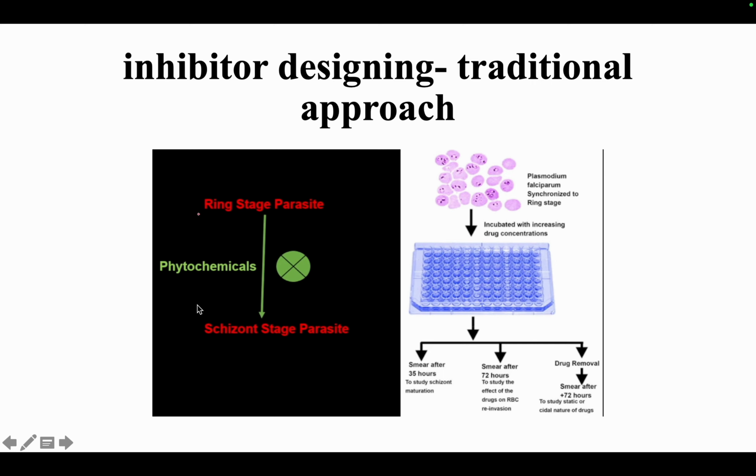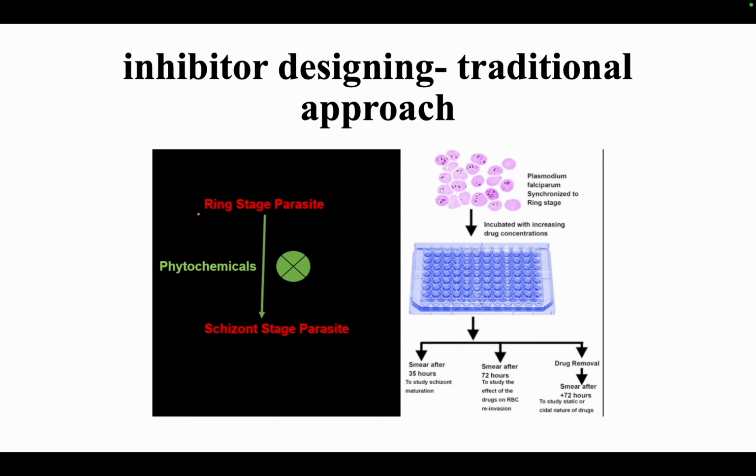we can inhibit this step from ring to schizont stage by using different phytochemicals. So here they have used different phytochemicals. Performing this experiment is also quite simple. First we synchronize all the Plasmodium falciparum to the ring stage.